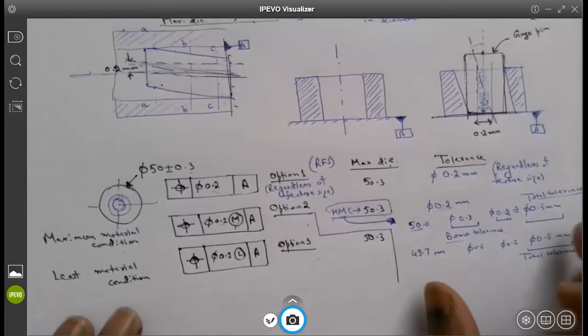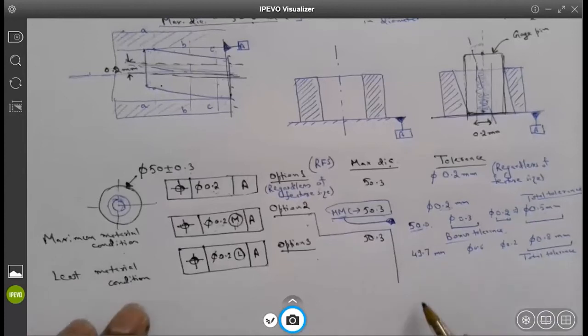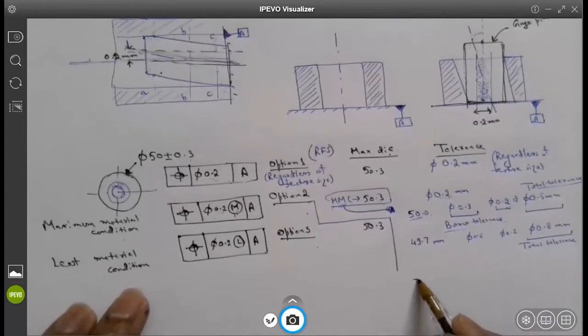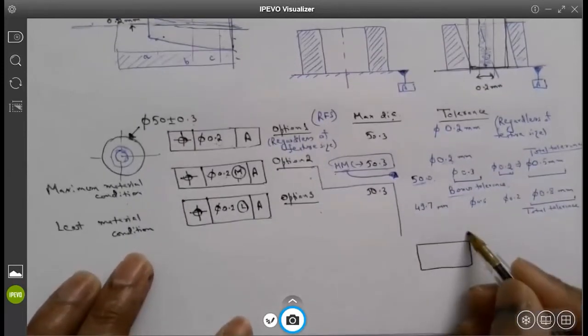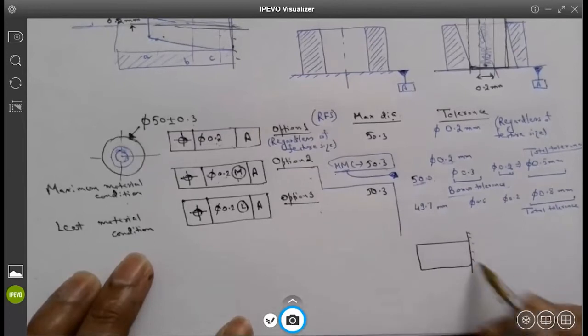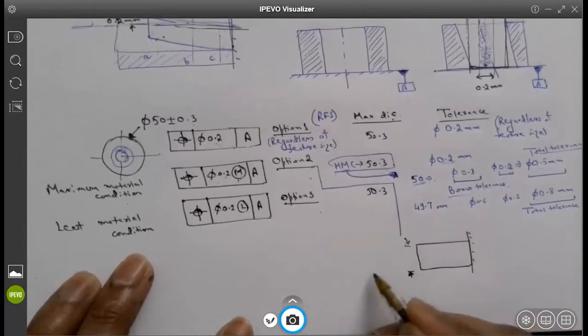Now, physically, what is happening here? Let's say this is my datum. This is the part fabricated at 50.3 millimeters.